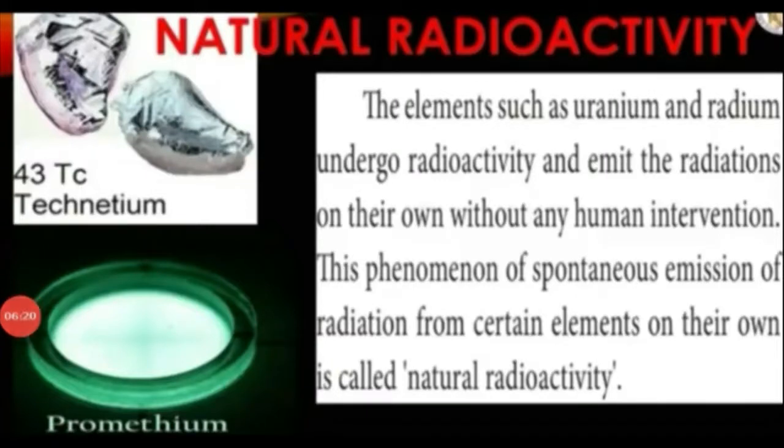Let us see which elements undergo the radioactivity process. Elements whose atomic number is more than 82 undergo spontaneous radioactivity, for example uranium, radium, etc. There are only two elements with atomic number less than 82 which have been identified as radioactive substances.